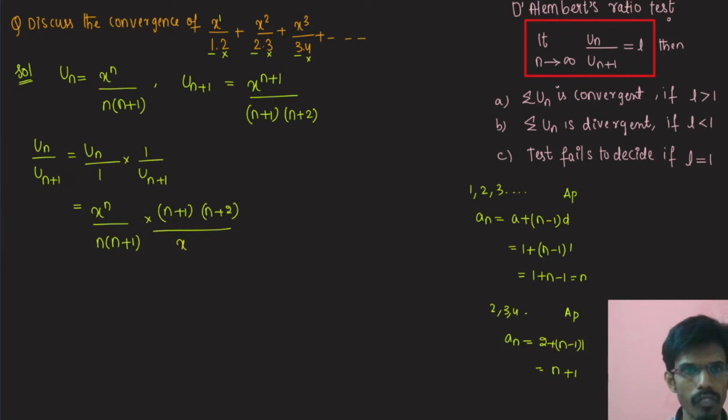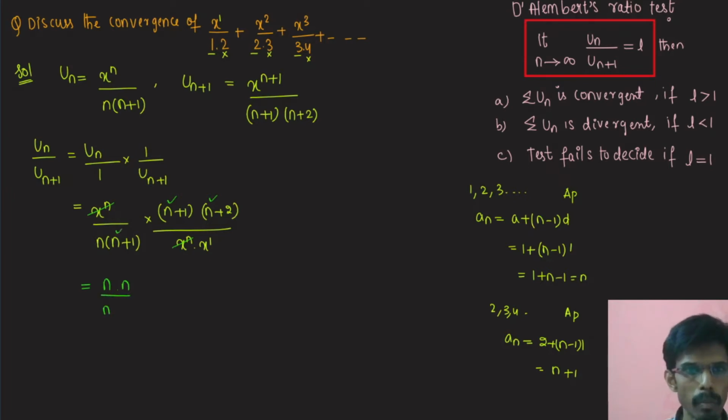upon x power n plus 1, which can be written as x power n into x power 1. Bases are same, so powers should be added. So here this term will get cancelled. We have this n; take n common. Now take this n common. In the denominator also we have this n.